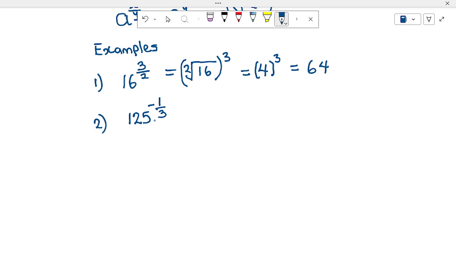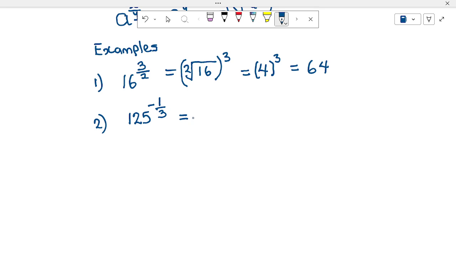Do you remember what this minus does to this whole stuff? If you recall in our last video, what does this minus do? Can you tell me?